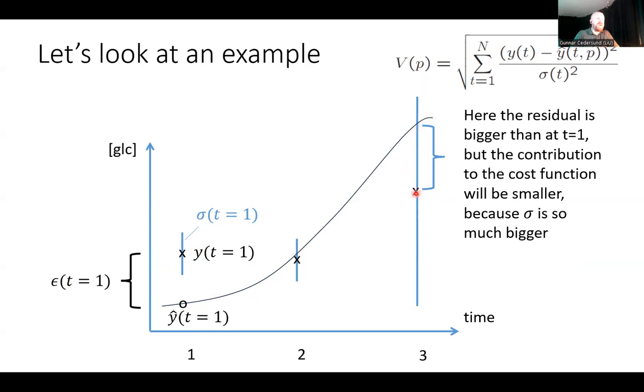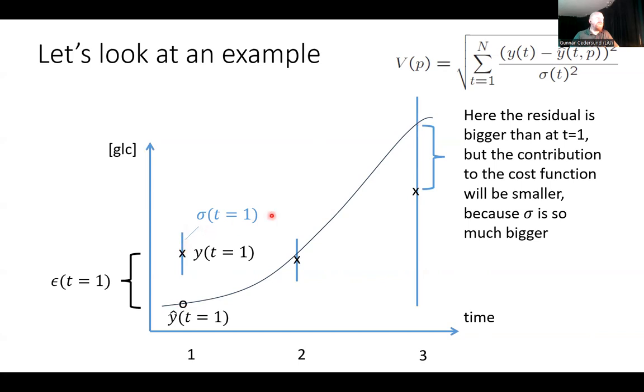So if we look here at time point 3, then we see that the data point is down here and the simulated value is below here. So here the residual will be negative, but the distance is the only thing that matters because we take the square. But here the distance is slightly bigger, as you see. It's bigger here than it is down here.